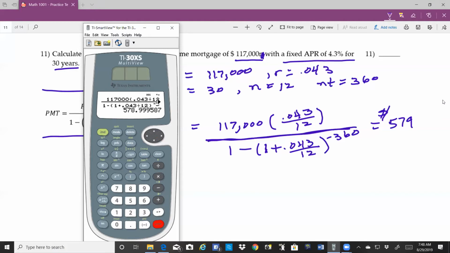Let's enter, we get the same thing, $579 rounded to the nearest tenth, and of course it becomes $579.